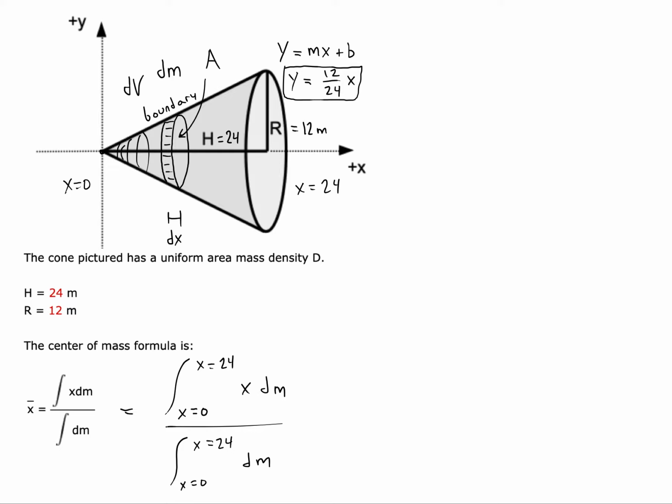So you have to build it up one step at a time, and we use a little bit of geometry to figure out what the relationships between the differentials are. So dv, for example, could be a product of an area times a width. That would give it 3 dimensions.